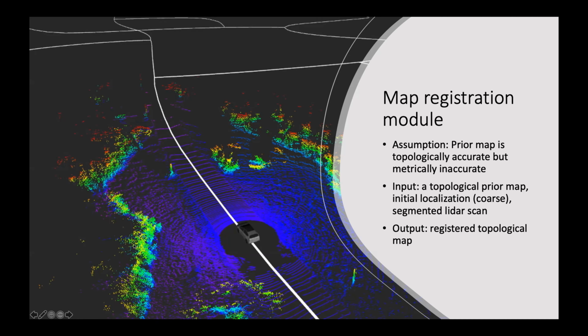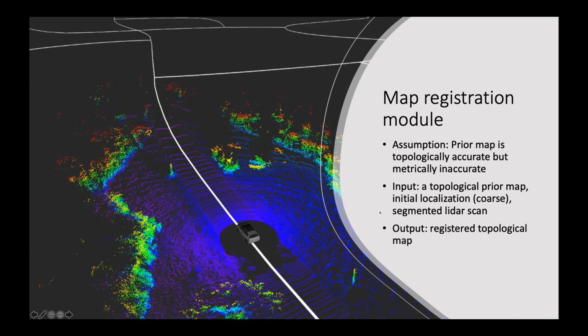So the input to this module is a topological prior map like OpenStreetMap, and an initial localization from the GPS. The GPS localization, especially in the rural sites we tested in, is not too accurate, and a lot of times it initializes us off-road.